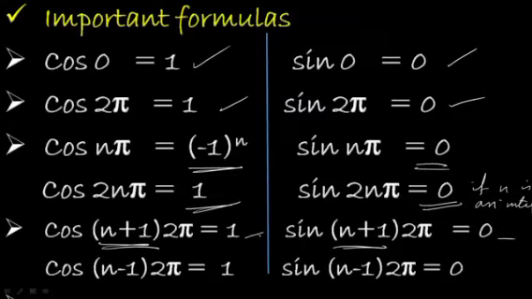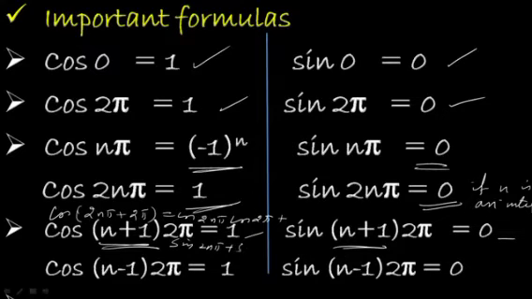I think now you ask the question how this will come, because this is of the form cos(a+b), right? If you take 2 pi inside, you have 2n pi plus 2 pi. This is of the form cos(a+b). Cos(a+b) is nothing but cos a cos b minus sin a sin b, okay.